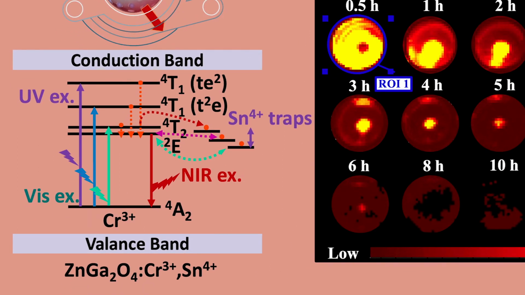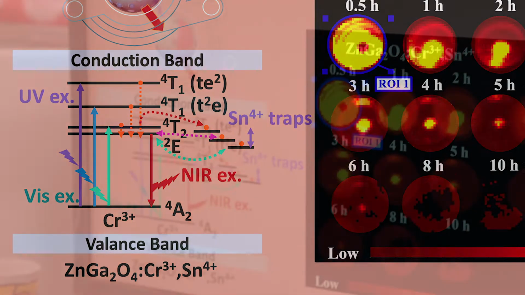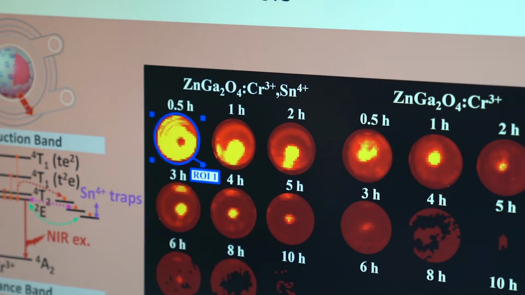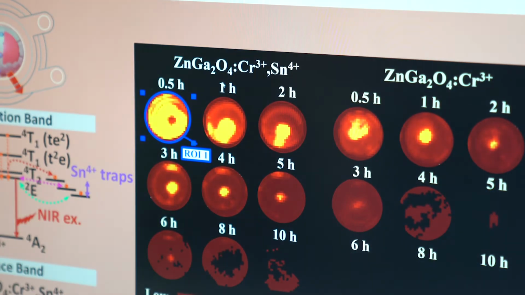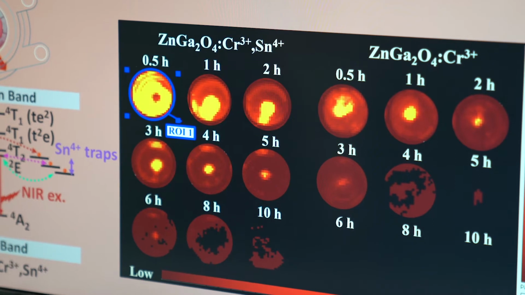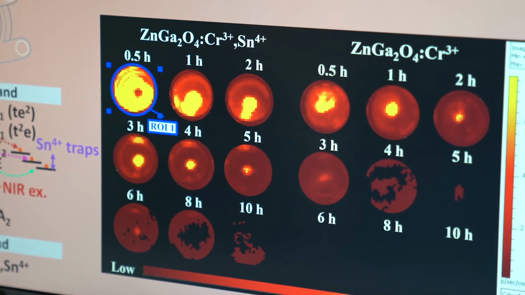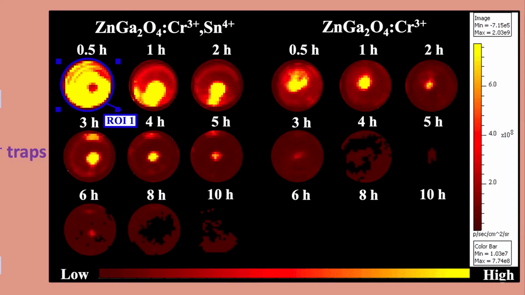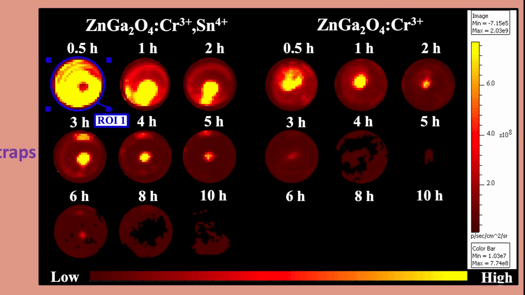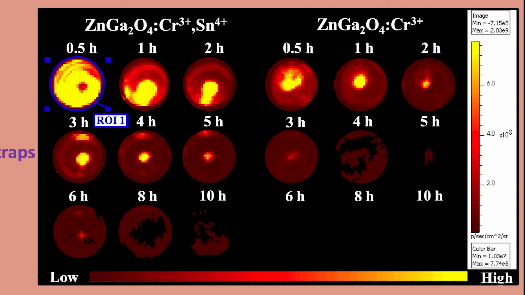So that's why it generates long-term luminescence in this system. After we dope the tin ion into the nanoparticle, it generates fluorescence for up to 10 hours. But after we remove the ions, the long-term luminescence cannot be easily detected.